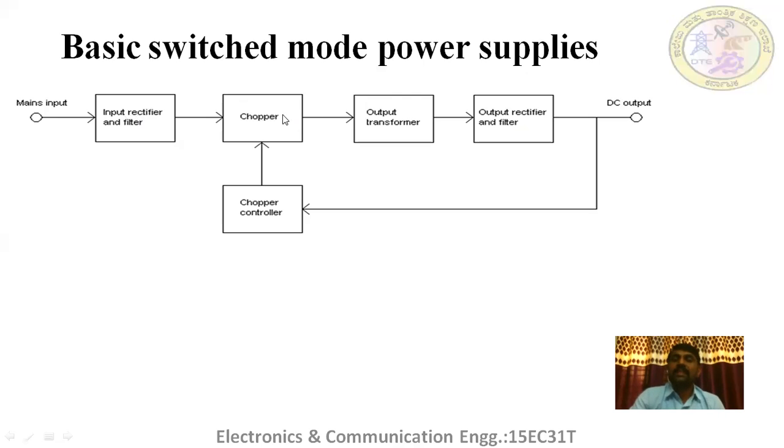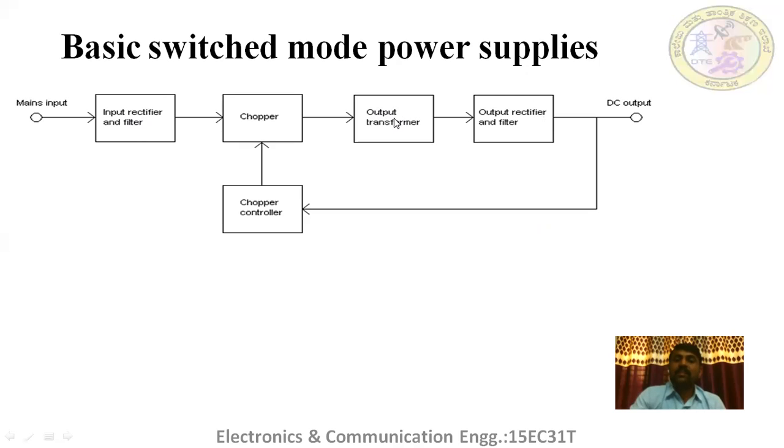This discrete voltage is isolated from this side. This rectification and filtering is performed at the input side. This is used to isolate the input section, that is the mains power source, from the load side.